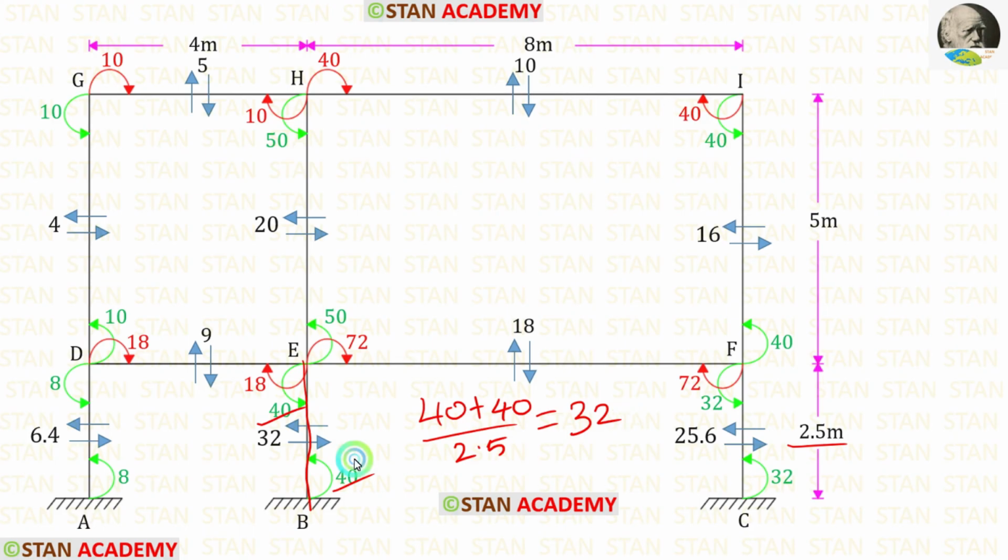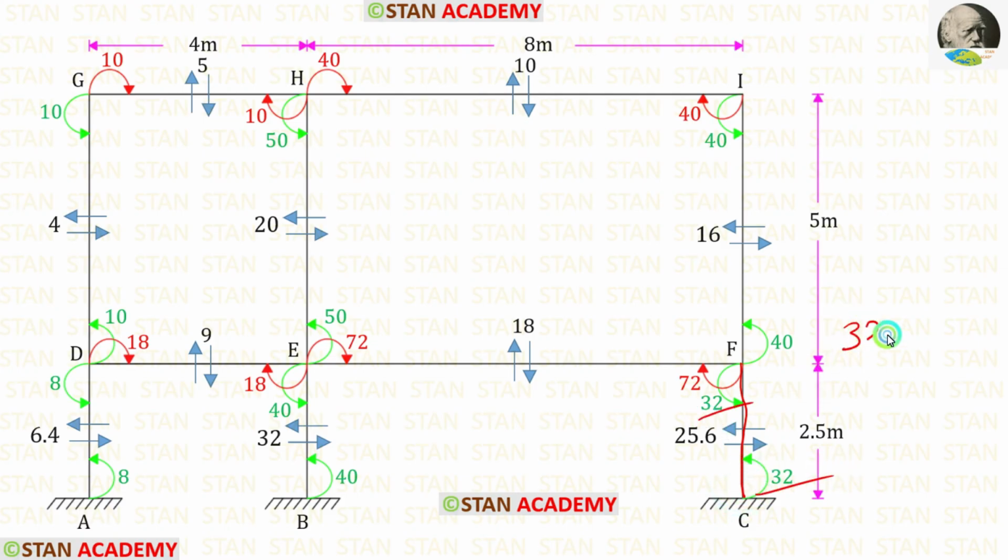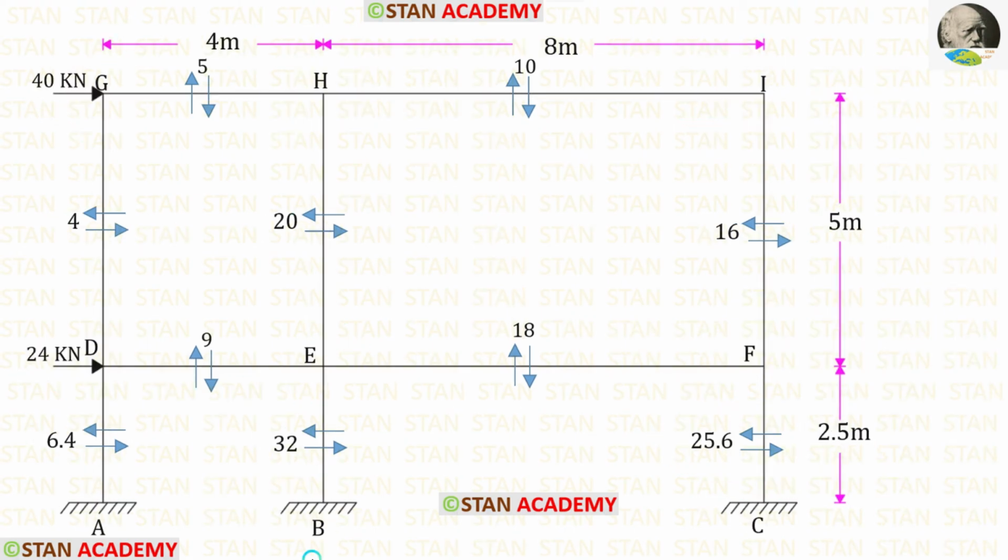When we do that, we will get 32. Now let us take the member FC. Here we have to add these two moments, so 32 plus 32, and then divide by the height 2.5. When we do that, we will get 25.6. In this analysis, we have calculated all of the shear forces.